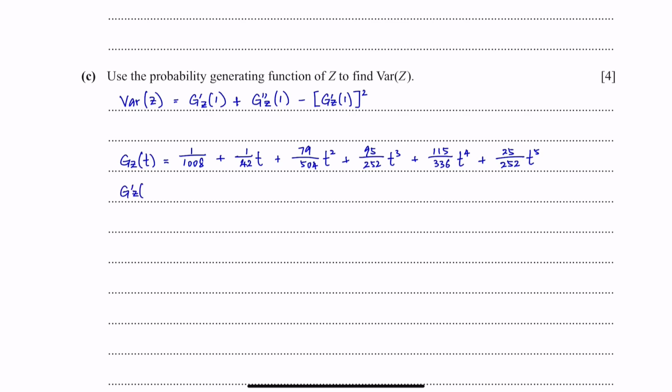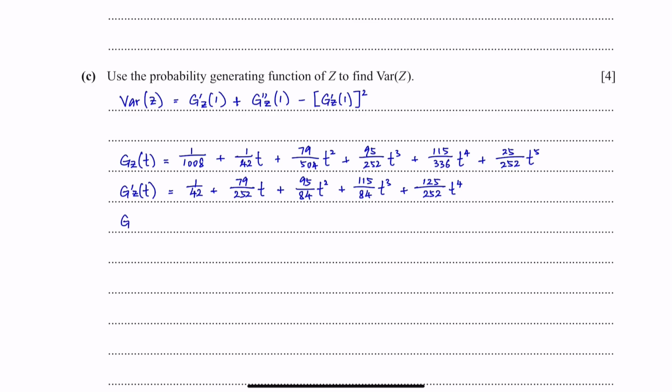So now G prime t would be 1 over 42 plus 79 over 252 t plus 95 over 84 t squared plus 115 over 84 t cubed plus 125 over 252 t to the 4.